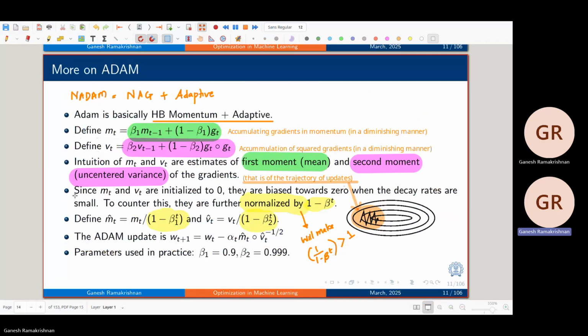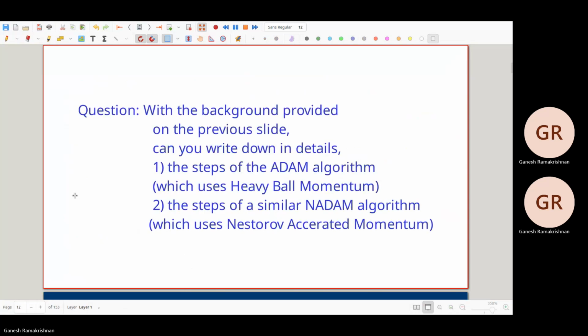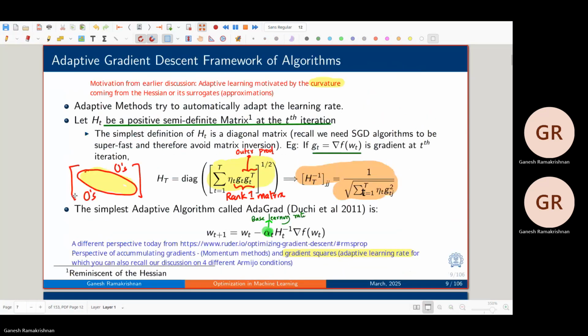So it all starts with Adagrad. That's why I showed Adagrad first. This was our first foray, and here is where we got into HT inverse. This HT inverse into gradient part came from here.